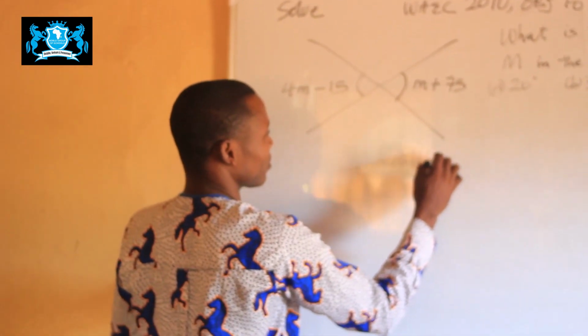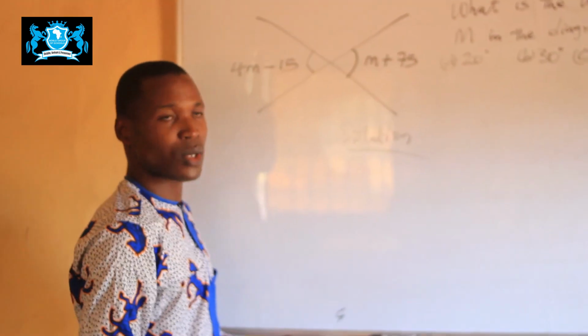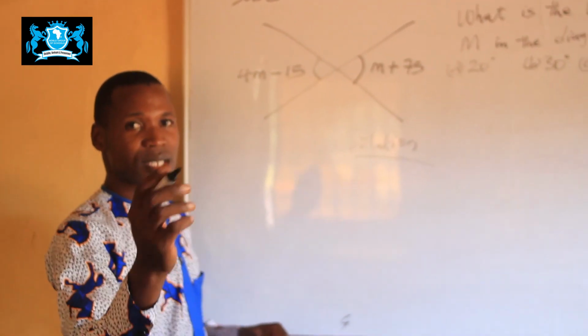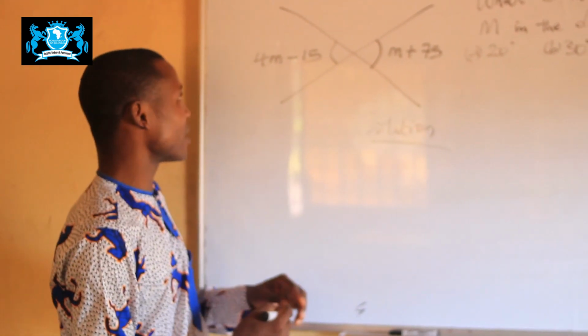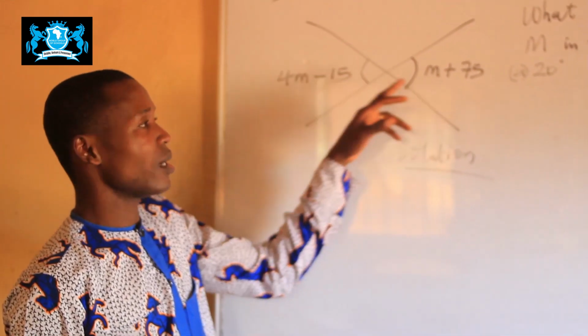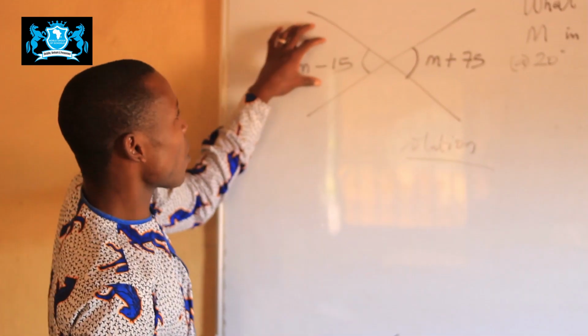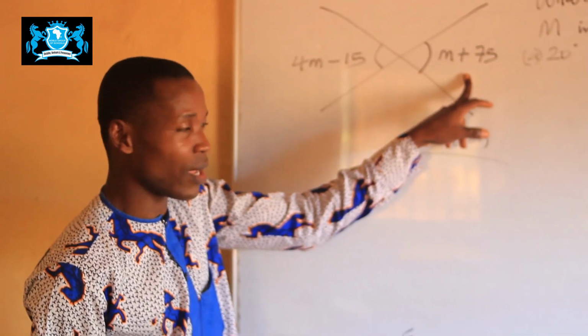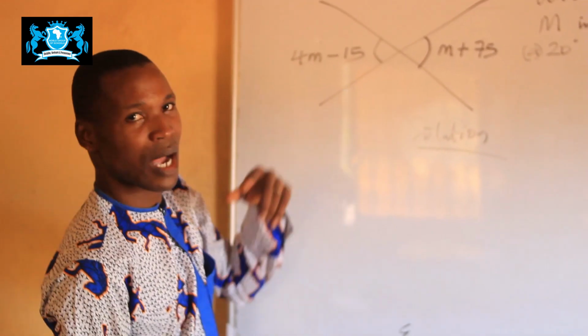Solution. The first thing you must know is that here is equal to here. Two of them are opposite. Because they are opposite, whatever you have on top is what you have below.